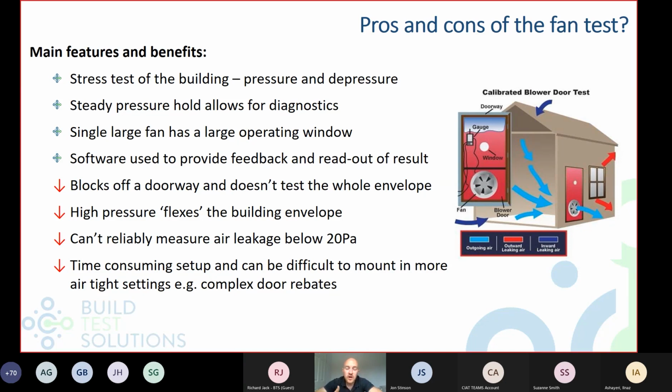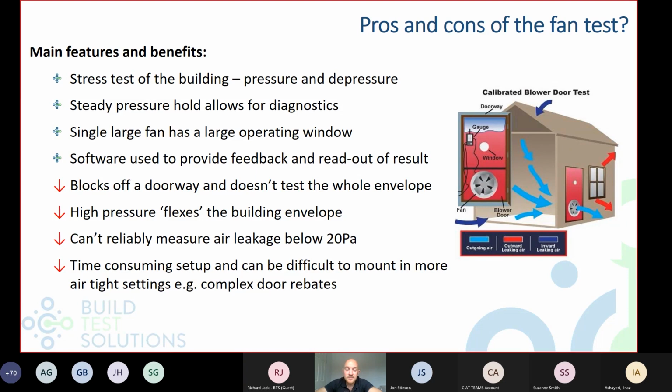That steady pressure hold also allows for diagnostics, so you can either under pressure or depressure. You could go around with a smoke pen or use a thermal imaging camera and identify leaks, which again can be extremely valuable when you're pursuing a certain level of air tightness. Another notable benefit of the fan method is that these medium or larger fans have a very wide operating window.